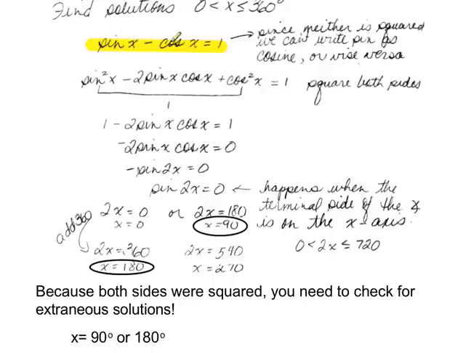You'd get 0 minus 1 would be minus 1, and that's clearly not 1. If you plug in 90, it will work. If you plug in 180, it will work. If you plug in 270, it will not. Sine of 270 is negative 1. Cosine of 270 is 0, so you'd get negative 1 equals 1, which is clearly not true. So I get two solutions, 90 degrees and 180 degrees.